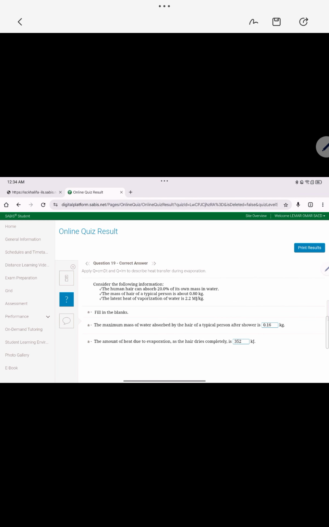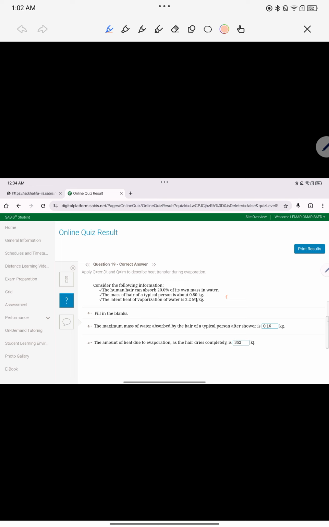Okay, now this one you have to do 20 over 100. Basically this, because 20% is basically 20 over 100, so times 0.8, you will get 0.16, and then you do Q equals ML, 0.16 times 2.2.